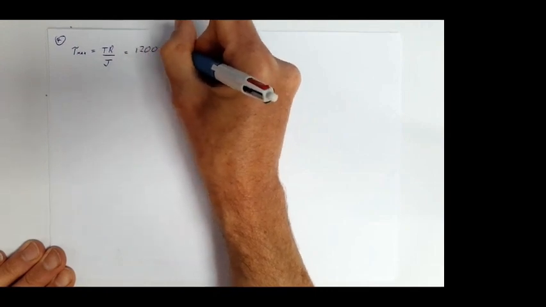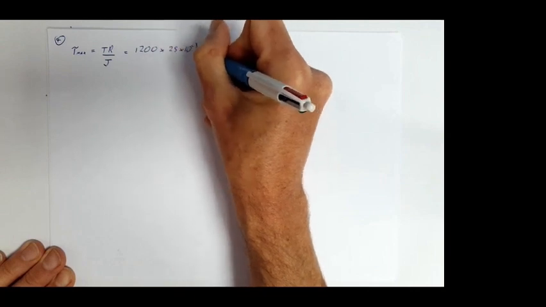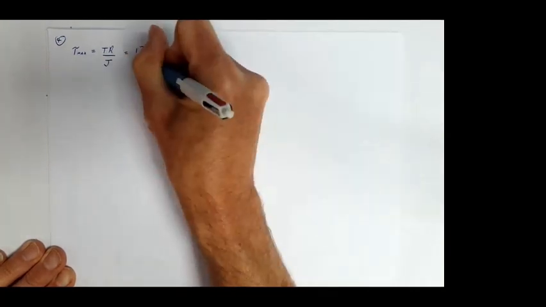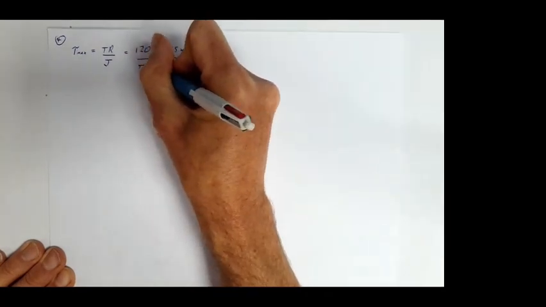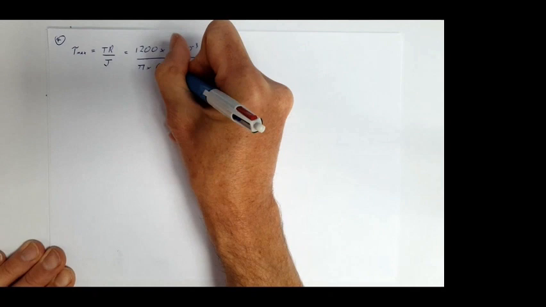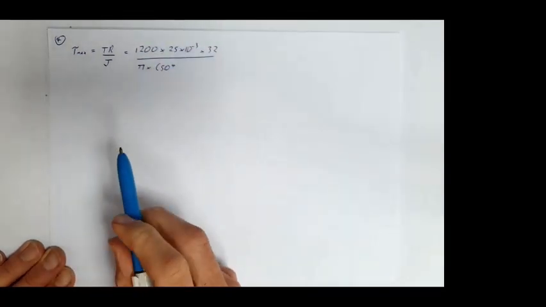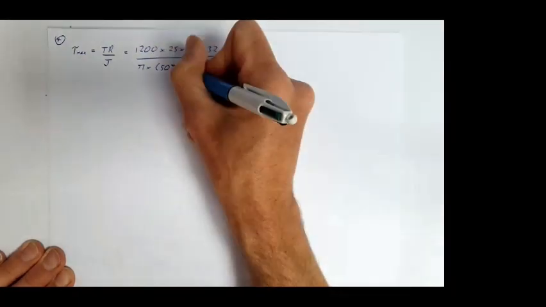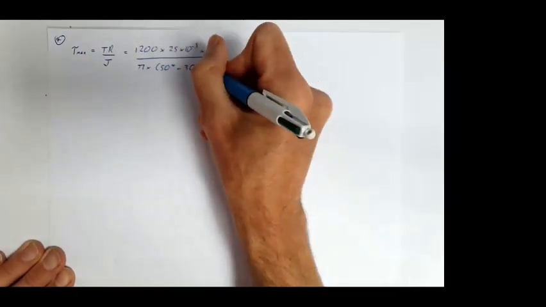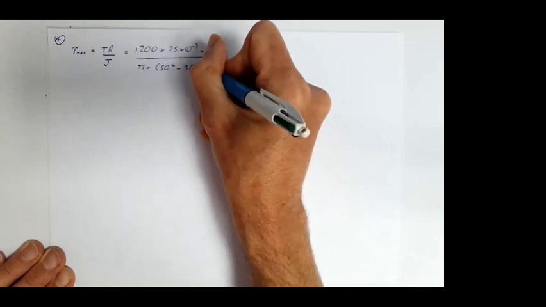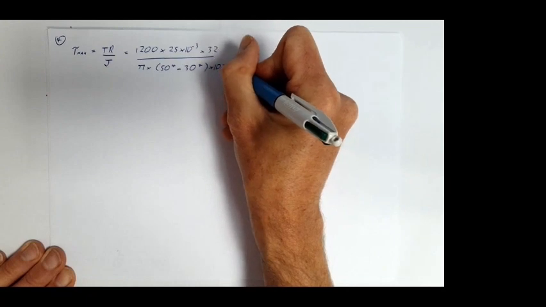1200 times 25 times 10 to the minus 3 times 32 divided by π times 50 to the 4. Last time we just did 50 to the 4 times 10 to the minus 12, but this time we're going to use the principle of superposition, so we're going to subtract the middle bit, 30 to the power of 4 times 10 to the minus 12.